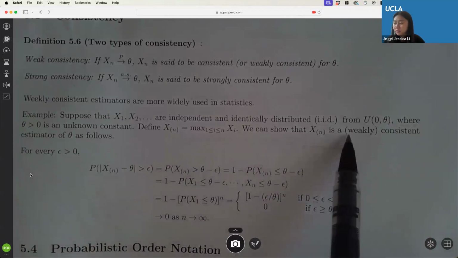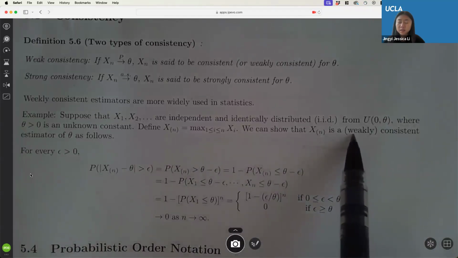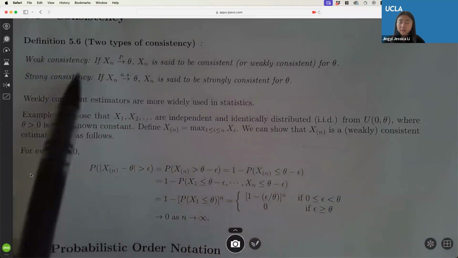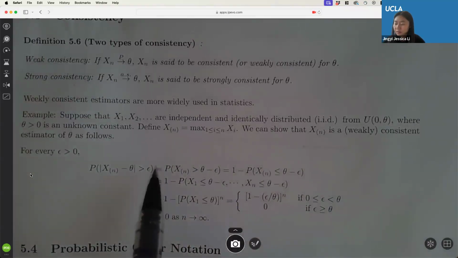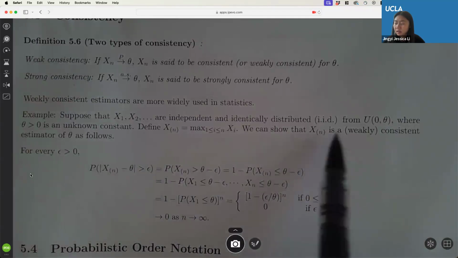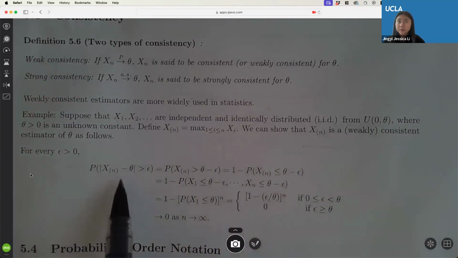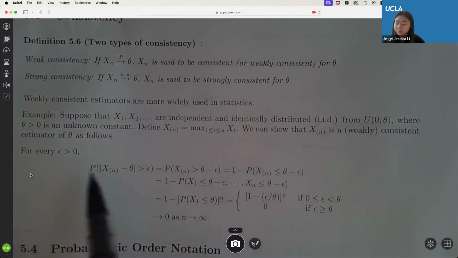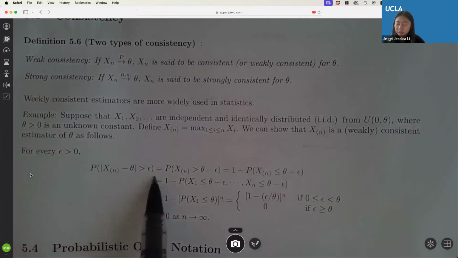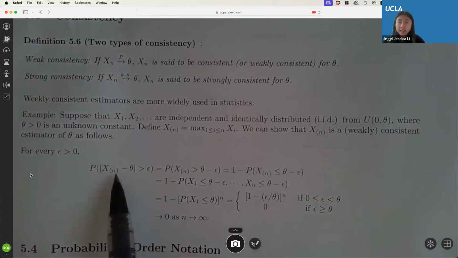We can actually show that it is a weakly consistent estimator. To prove that, we just need to show xn converges to theta in probability. We go back to the definition of convergence in probability. For every positive epsilon, we calculate this violation probability.